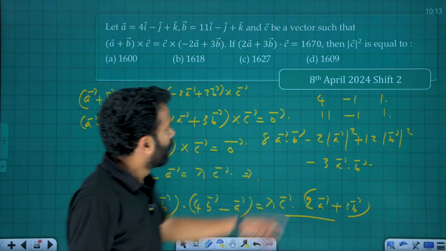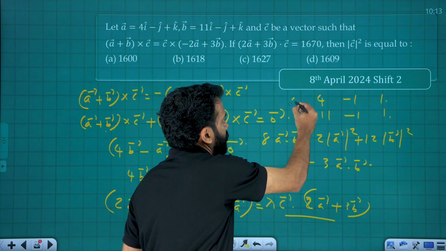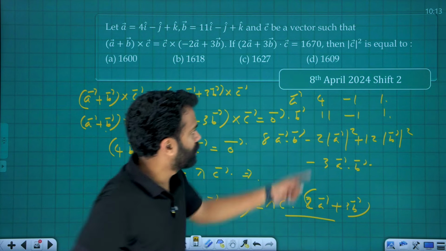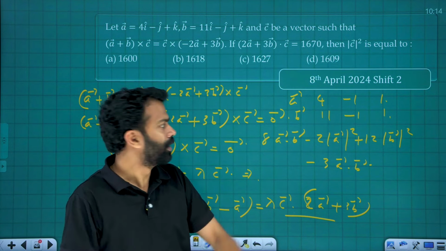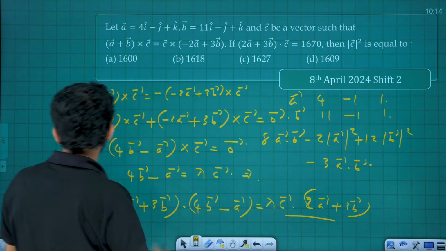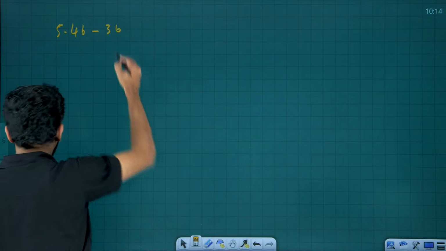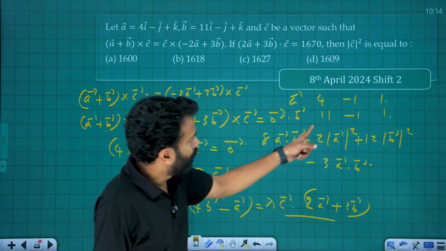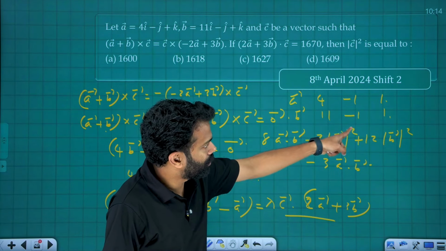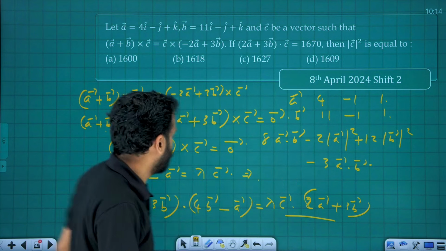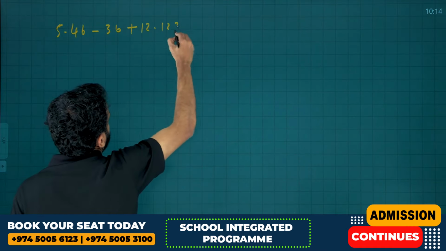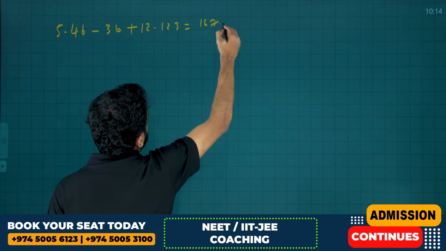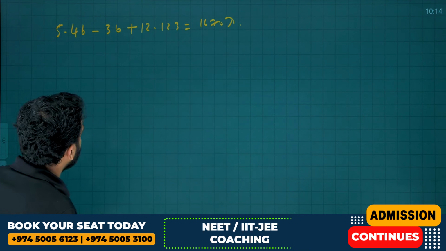Next one, magnitude of A square: 4 square plus (−1) square plus 1 square, I think it's 18. 18 into 2 is 36, that is minus 36. Again, magnitude of B square is 121 plus 1 plus 1, that is 123, that is plus 12 into 123, is equal to 1670 lambda. We need to formulate lambda from here.